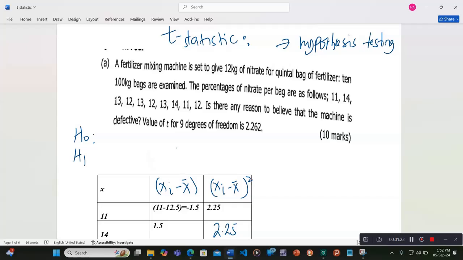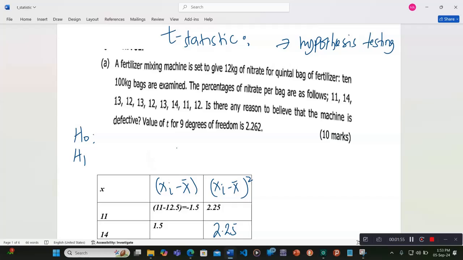And then we shall be required to calculate the mean for this sample and see if the hypothesis tells us, after testing, that there is a reason to believe that the machine is defective. If it is defective, the values measured per bag for nitrate would not be close to 12, and then we shall be able to decide.